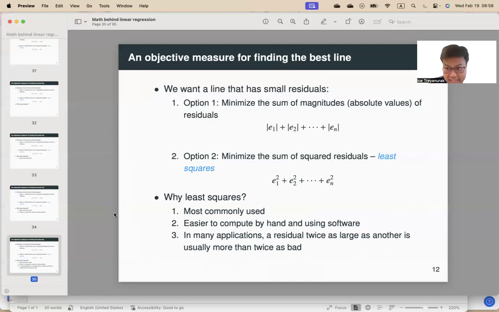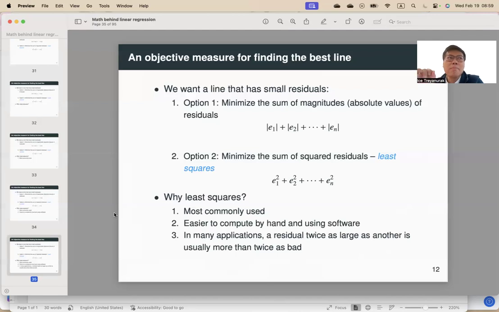So the idea is that we would prefer a model that is super accurate for a few values but inaccurate for most, as long as those inaccuracies are not big.